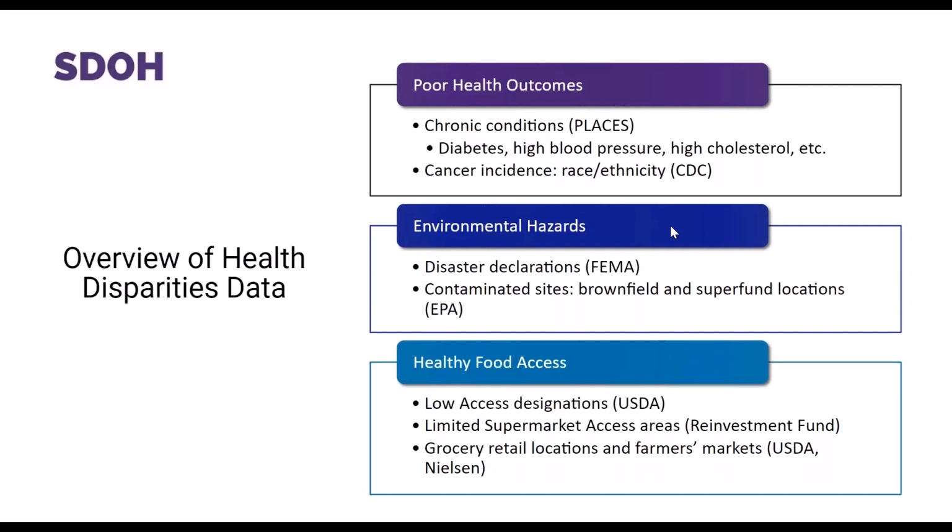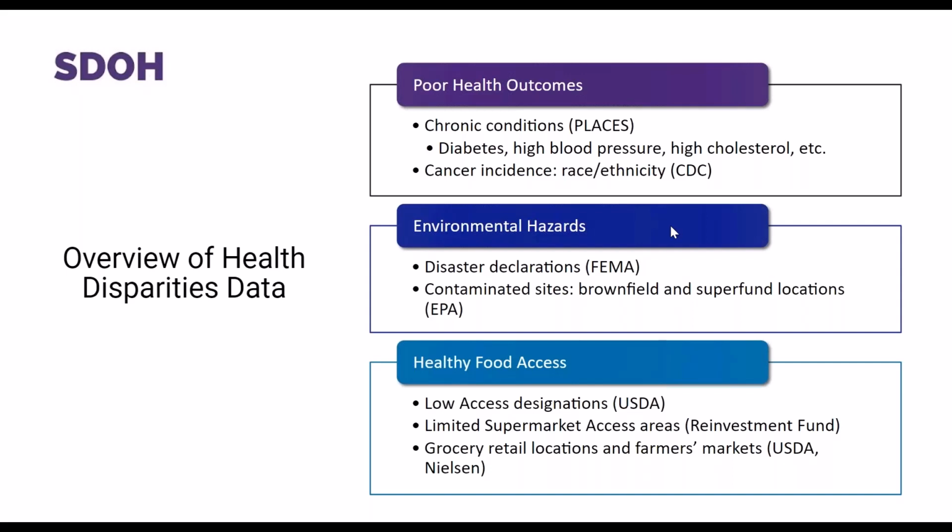I have one professor out at the University of Washington who actually takes a look at areas of natural disaster and looks at trends in social and economic factors over time after that disaster. Really fascinating use. Of course, another issue that comes up is access to healthy foods.